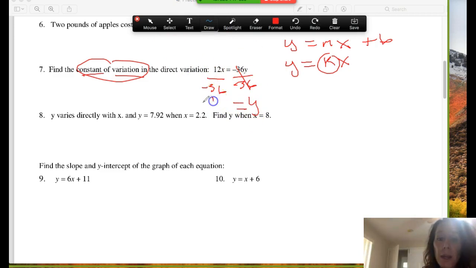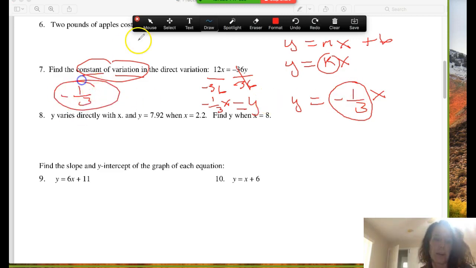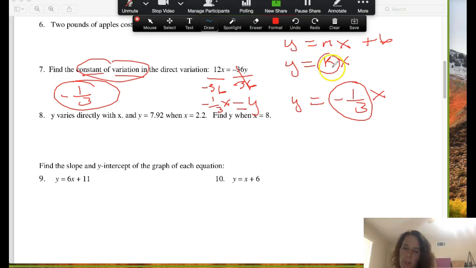So I'm going to get negative 1 over 3, and that will be times x. Now I have y equals something times x. I can flip that around so it looks like this. You'd have y equals negative 1/3 times x. So that constant of variation is just, excuse me, negative 1/3. All right. So just get it to look like this.